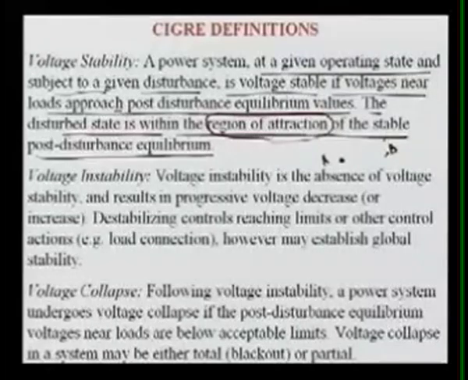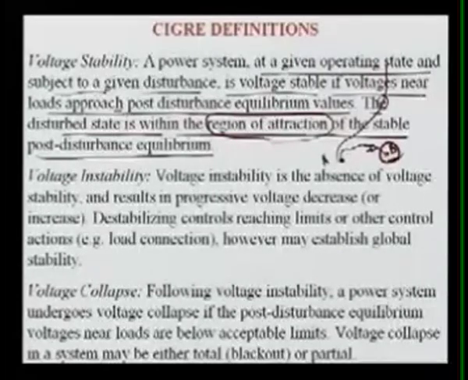But if there is a sudden disturbance, your system may come here again, or it may go somewhere else. So we can say here the system is unstable. Here if it is coming to another operating equilibrium here, then we can say system is stable. So I will discuss the region of attraction in the later slides.